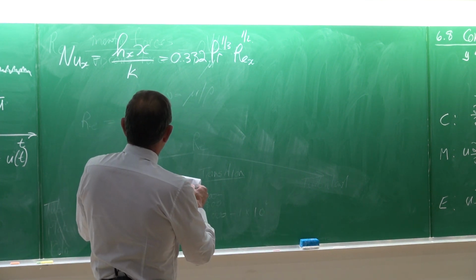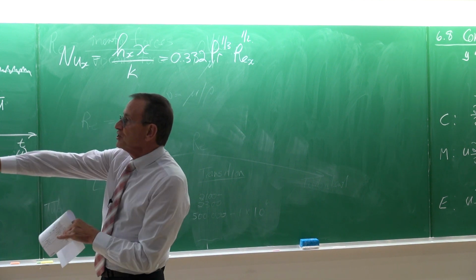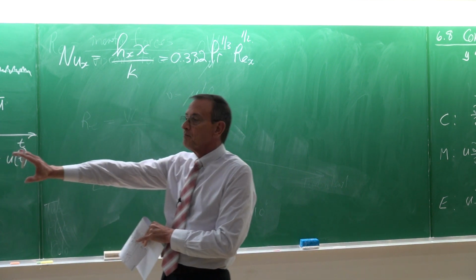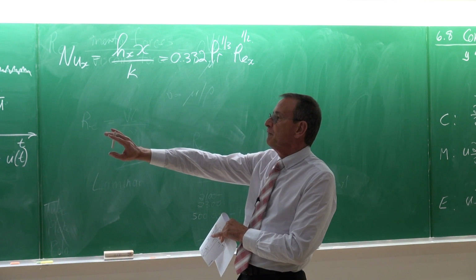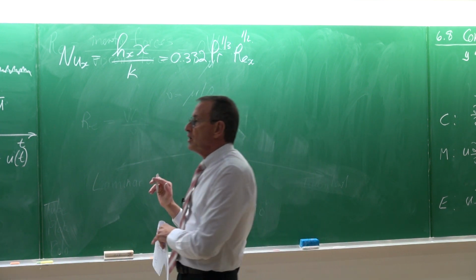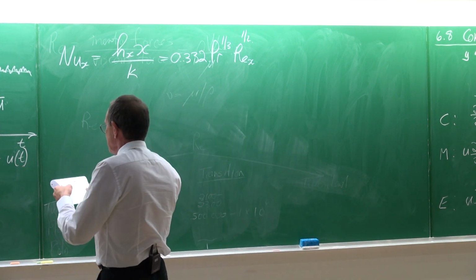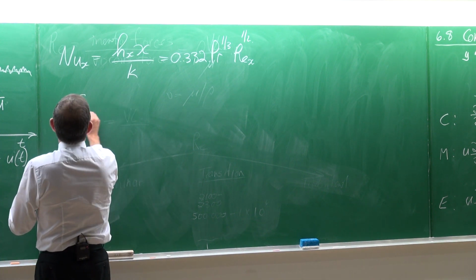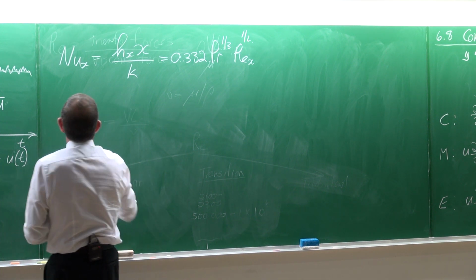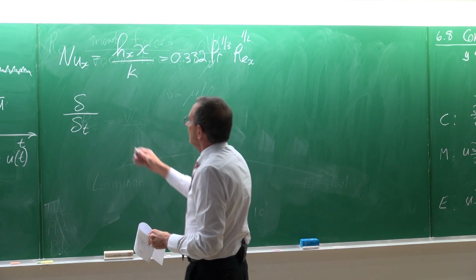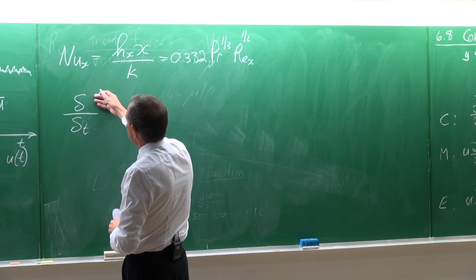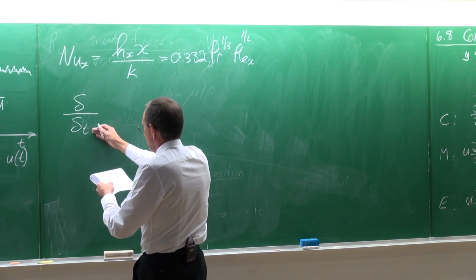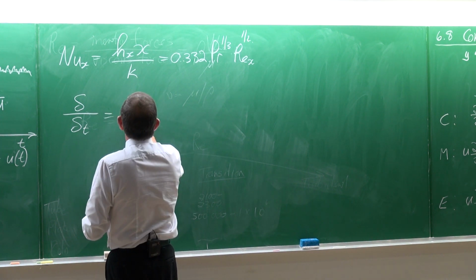Together with this, we can use this relationship of Prandtl number in terms of the molecular diffusion of momentum divided by the molecular diffusion of heat to determine that this ratio of the two boundary layers, the velocity boundary layer and the thermal boundary layer, is equal to Prandtl to the third.